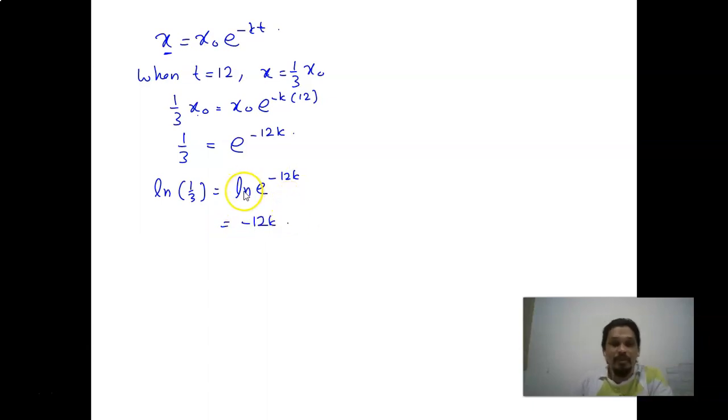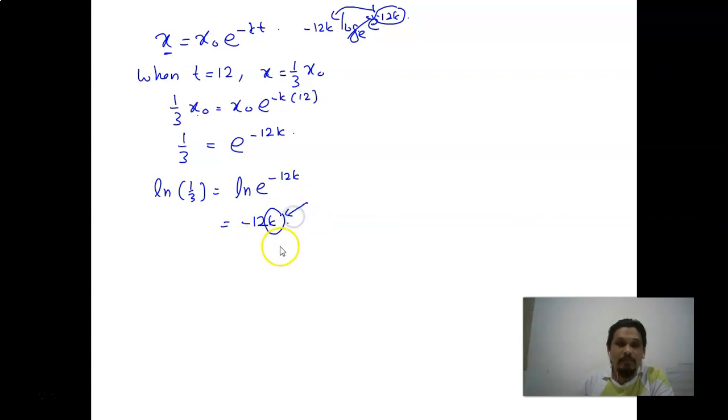Okay, because ln is a log to the base of e, then e to the power of negative 12k, we bring this power to the front, negative 12k, and log e to the base of e equals 1. Now we are going to find out the value of k here. So k equals natural log of 1/3 divided by negative 12.